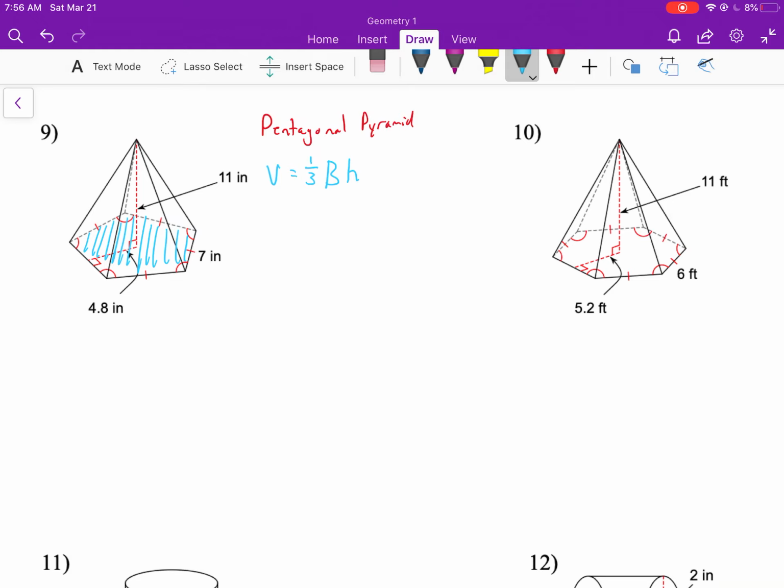So now we need to find the base. So let's come out here and put this in blue. So here's that base. The base is a pentagon. And we know area of a pentagon is 1/2 perimeter times apothem. And so we want to figure this out. 1/2 the perimeter.